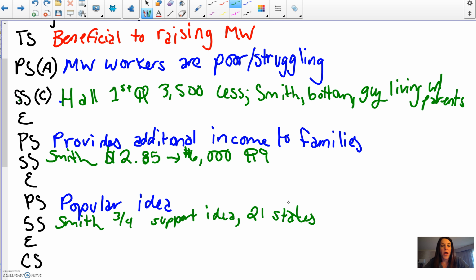Okay. The last sentence is we're actually going to write out this sentence. And so this is, we're going to do either a recommendation or a prediction. I'm going to start with a prediction. So an if-then statement.